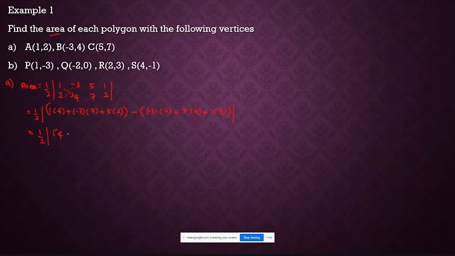Okay, then you have the first part: 1 times 4, 4, then negative 3 times 7, negative 21, plus 10. The second part is the minus. I write the minus sign here: negative 3 times 2, negative 6, plus 5 times 4, 20, plus 7. Okay, calculate. Equal to 1 over 2, 4 minus 21 plus 10, so equal to negative 7.